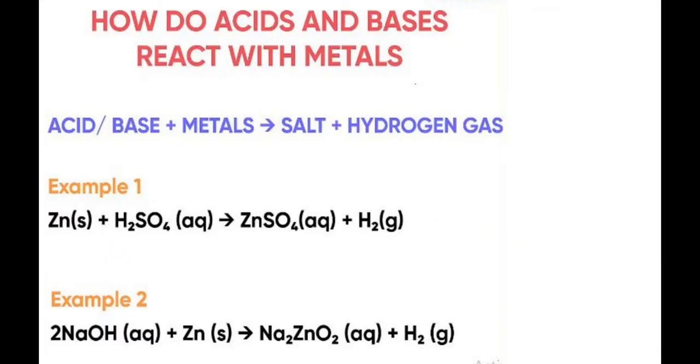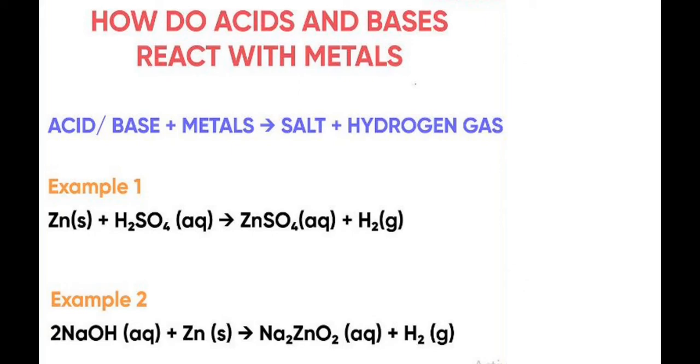There is a reaction which is important: how strong acids and bases react with metals. You have to remember that not all metals react with acids, not all. They have to be active metals. There are not so many such active metals.